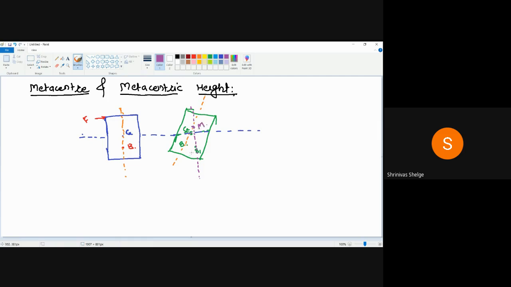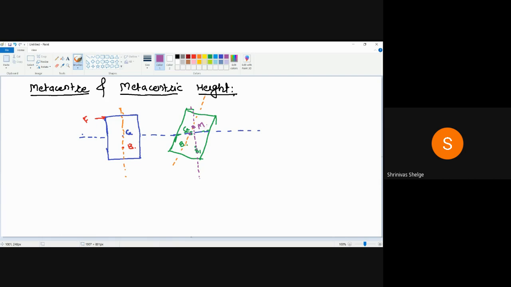Correct. So meta center is the point of intersection between the axis passing through the old center of buoyancy, that is the buoyancy before the displacement, and the center of gravity, and the vertical line passing through the new center of buoyancy after displacement. Whenever a body gets slightly displaced, you get the new center of buoyancy, and the point of intersection between its vertical line and the axis through the old center of buoyancy and the center of gravity is the meta center.